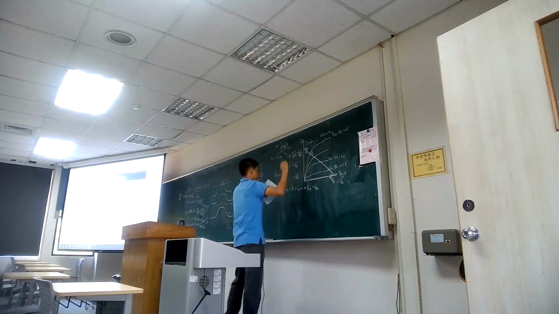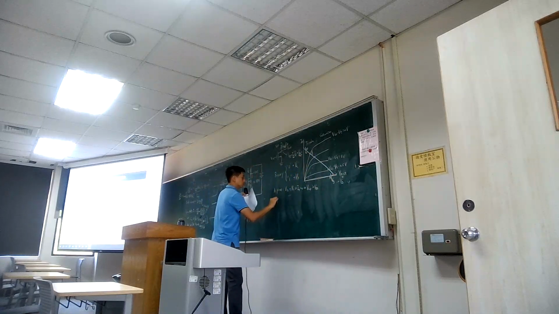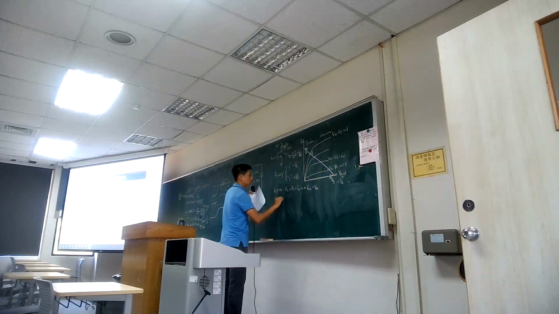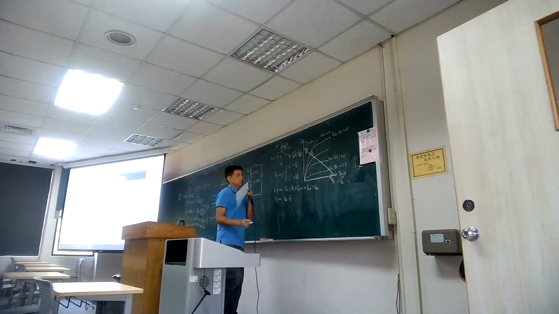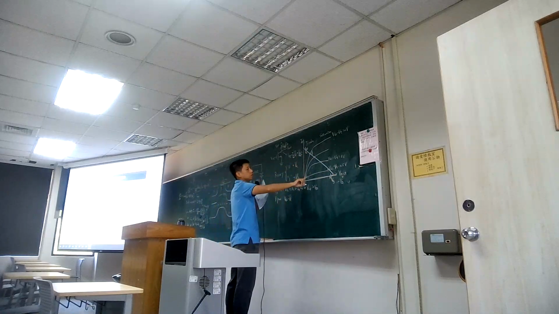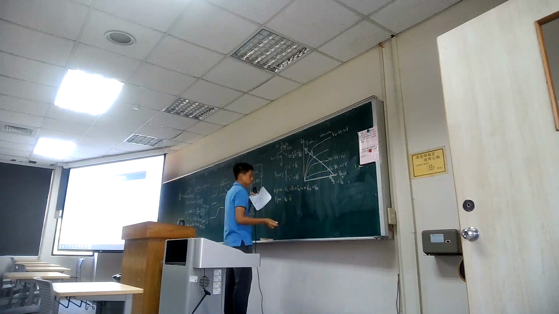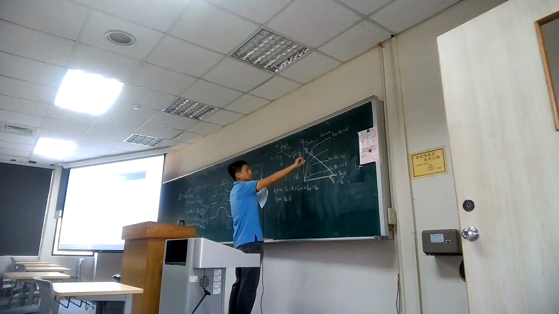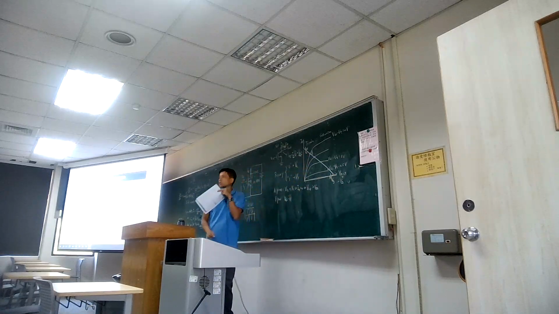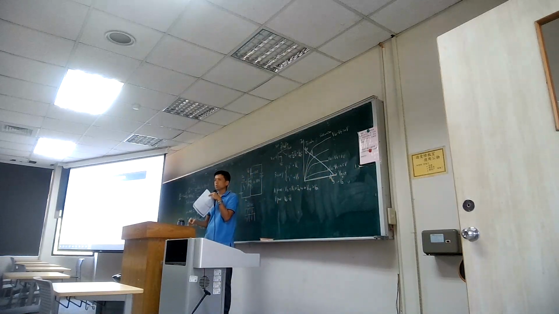And then we call the second point here point B. At the B point, what happened here is that your VGS minus VT is high, so the transistor is conducting, so you get current.